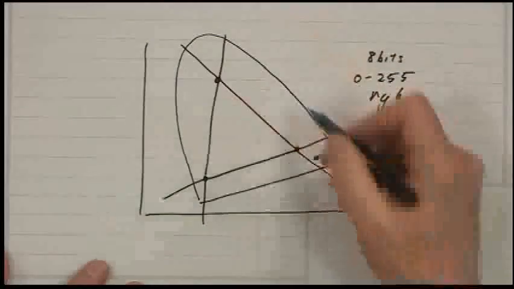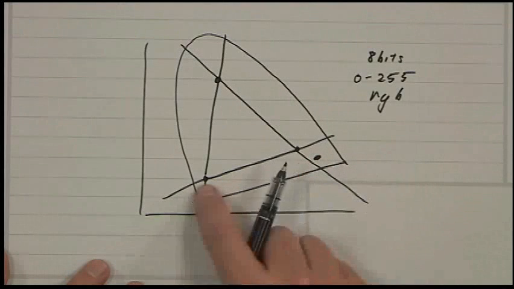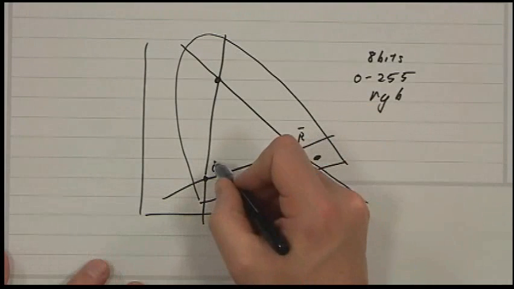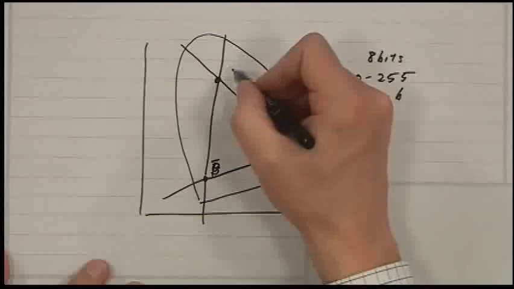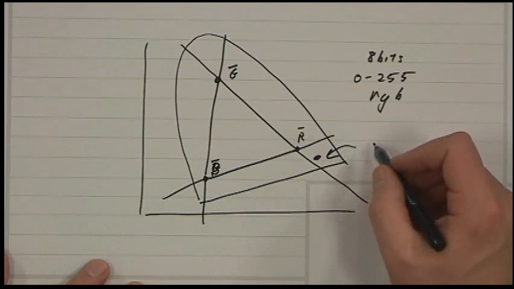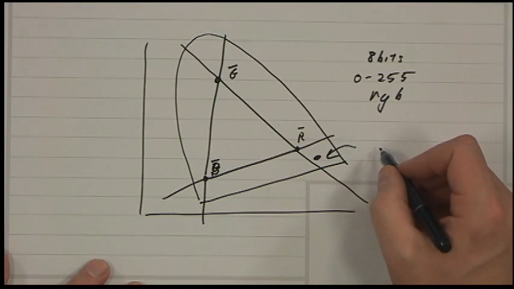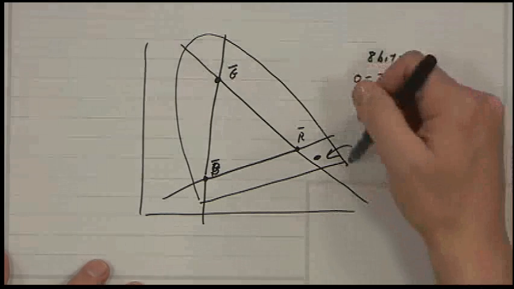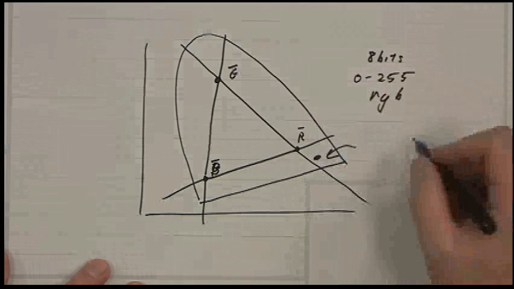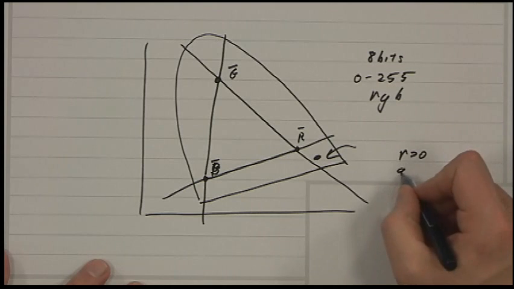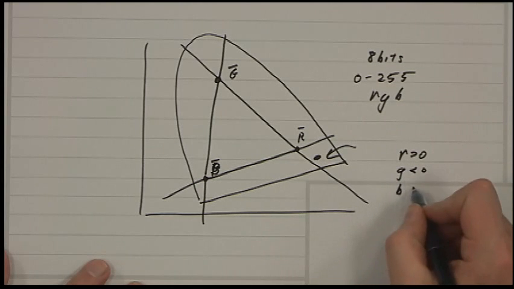Over here, this is R, this is G, and this is B. So what will happen is that for that point right there, R will be greater than 0, G will be less than 0, and B will be less than 0.